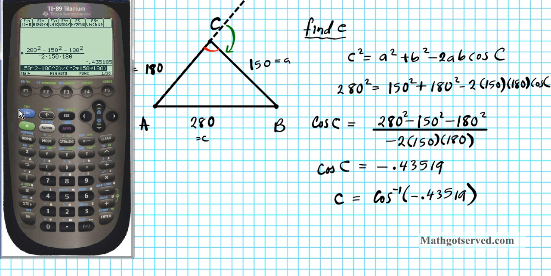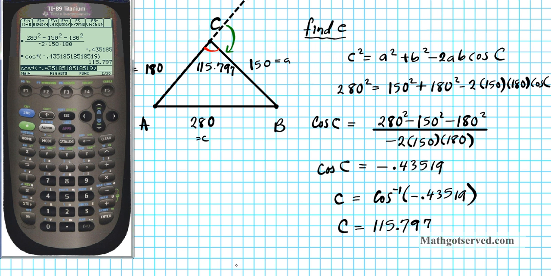So we have the inverse cosine of the previous answer, and we have 115.797. So angle C is 115.797. Now the angle that we have to rotate to get back on course is the supplement of 115.797.